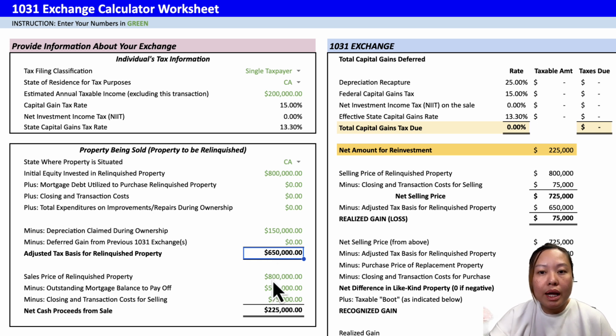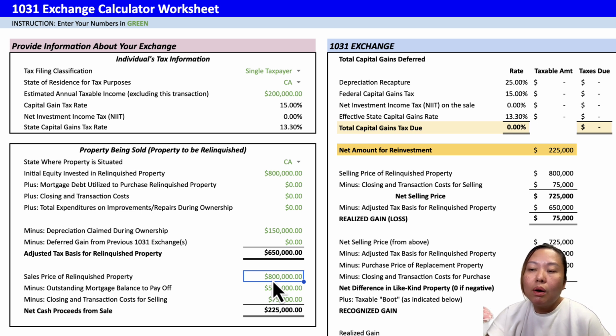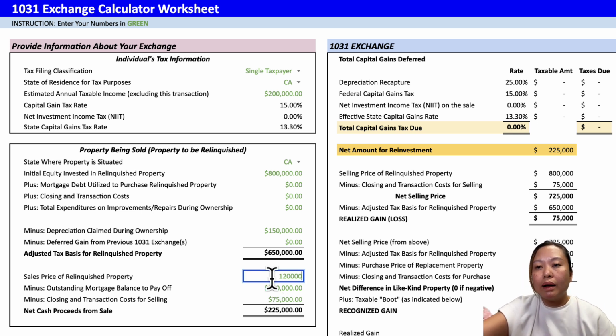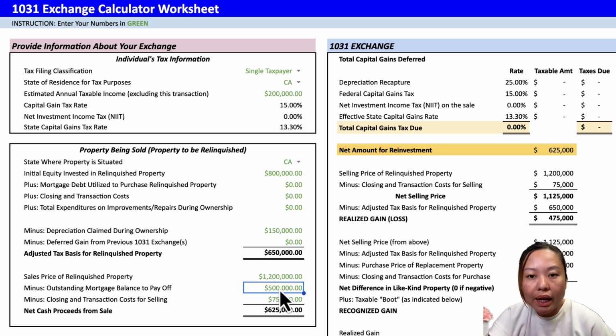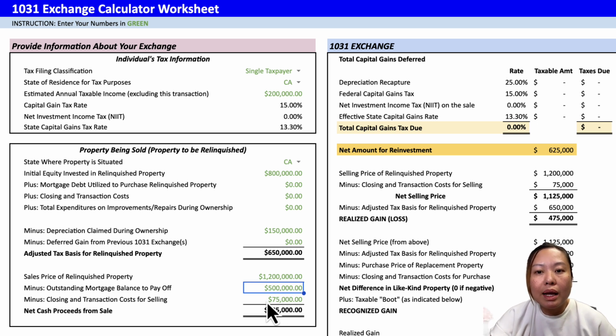And then you put in the sale price of the relinquished property. So let's just say we put in a sale price of 1.2 million. We're going to pay off our outstanding mortgage of 500K. And then we have a closing cost for selling this property at 75K.